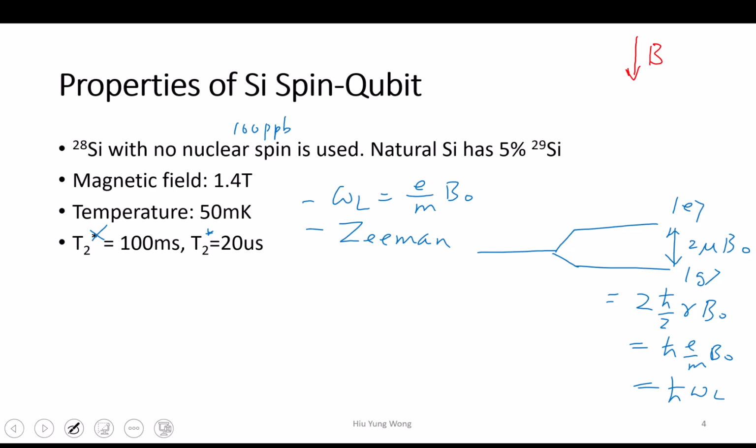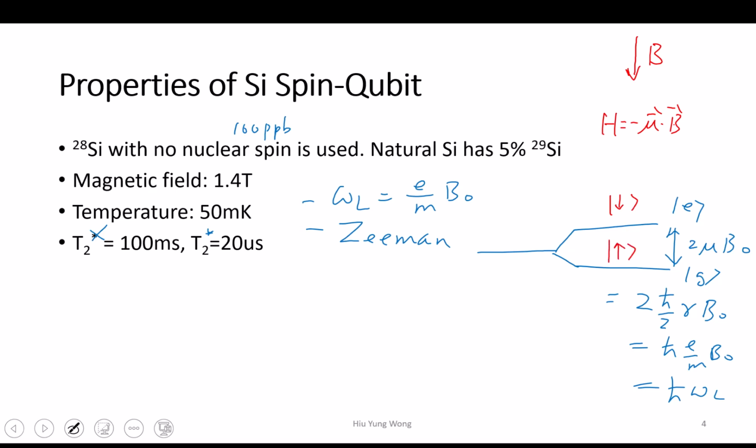When it is pointing up, you have this Hamiltonian, which is negative mu dot B. If the moment is pointing up and the field is pointing down, then this is negative, different direction, the whole thing is positive. So if the spin is pointing down, you have higher energy. The one pointing up, you have lower energy.